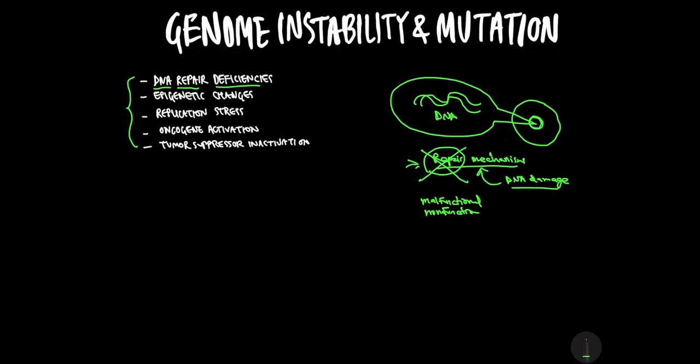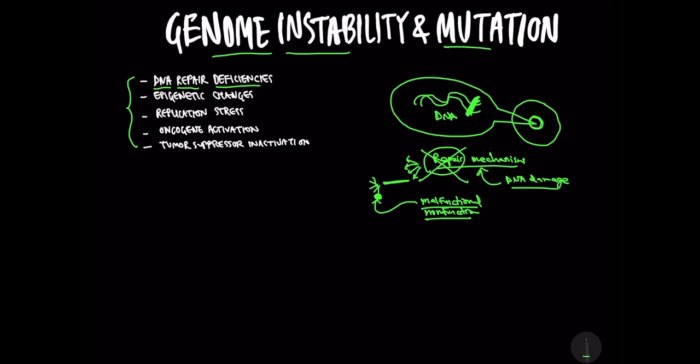So again, many different types of repair mechanism, and each repair mechanism has again many different components, and say the malfunctioning of one component can lead to downstream effects, right? And this can lead to genome instability and mutation. So if a mutation occurs and then we have this specific malfunction or non-functional component of a DNA repair mechanism, then we have this mutation still existing within the genome.